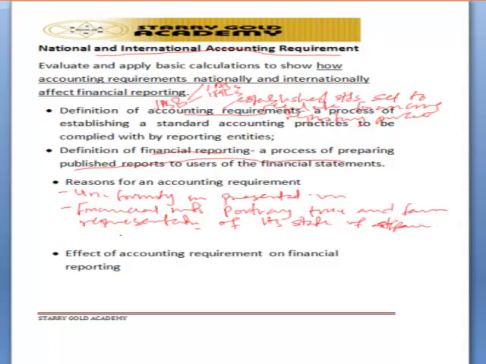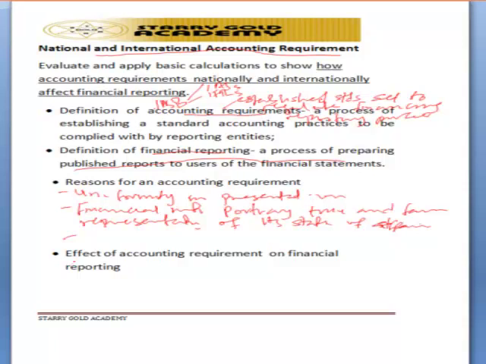Now, I will just quickly explain the true and fair representation. The conceptual framework describes this as the concept of faithful representation. We have seen several organizations in the corporate world presenting or manipulating financial information in such a way that it does not represent what the true state of affairs of a reporting entity is.